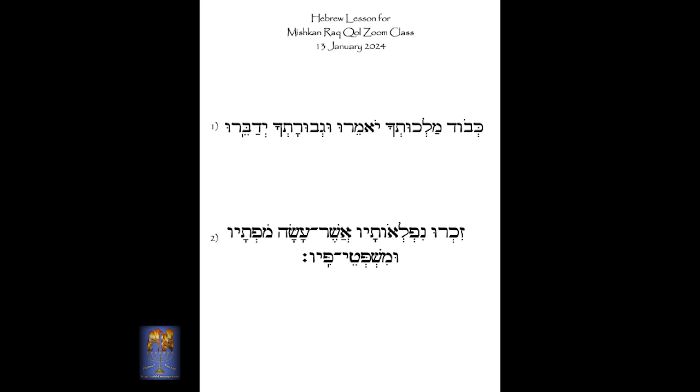And so this first shva is going to be silent. Umish. Then we have a pay, and it's pointed with vocal shva, pe. Then we have the letter tet, and it's pointed tsere with yod behind it. Te, T-E-I. So we have umishpete.